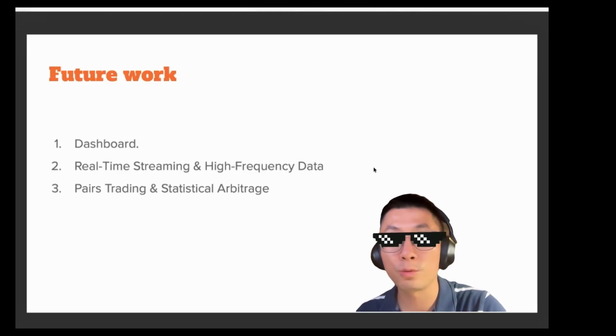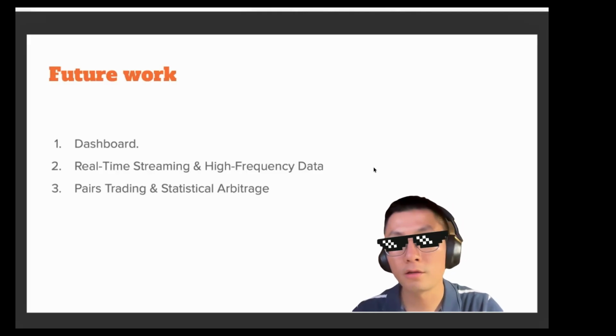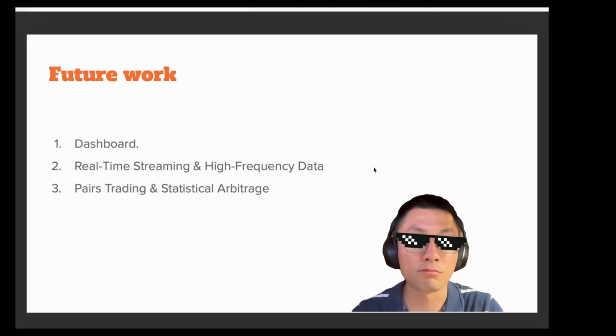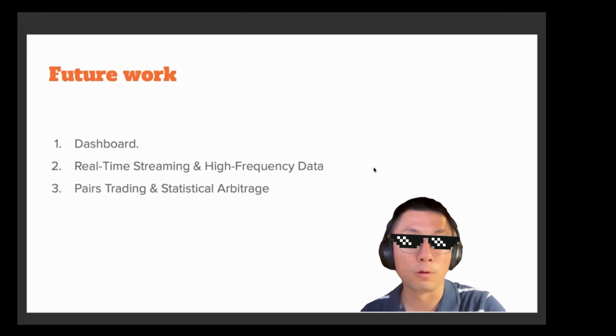Because in this video, I only show the mean variance optimization problem, maybe I can try some pair trading. I'm happy to deploy a pair trading strategy to see the performance and share with you. Of course, I will create a tutorial about deploying a strategy using my current project.